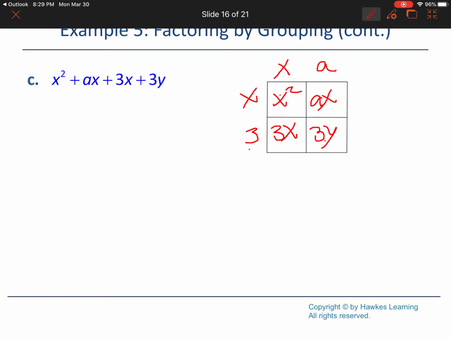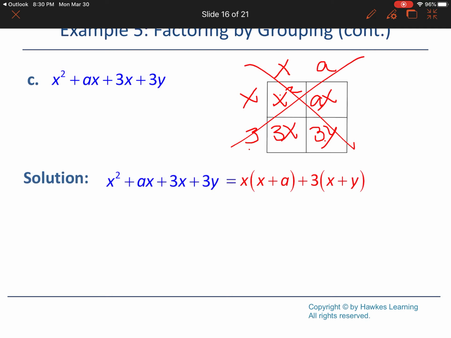And 3 times a is not 3y. What happened? There isn't any way, y is not anywhere else. So there's not going to be a way to factor this. It's not going to work. So this cannot be factored.